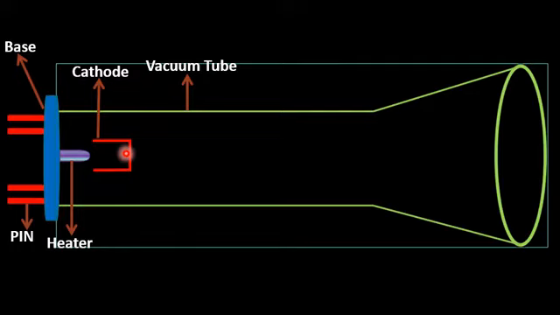Now the electrons ejected from the cathode of the cathode ray tube have less speed and they are not focused.